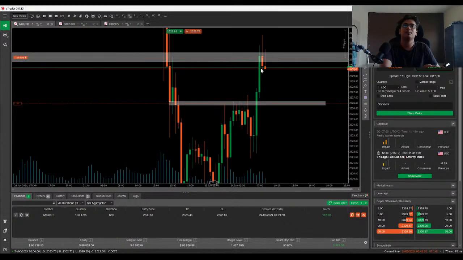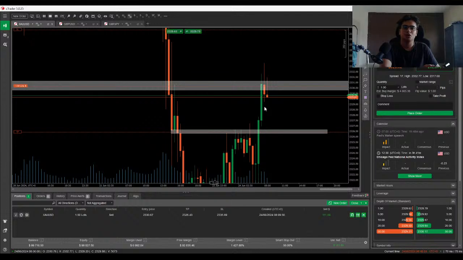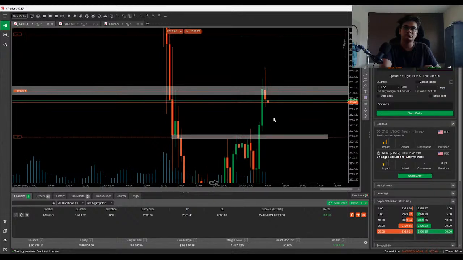Okay, the 30-minute candle flipped bearish. Here we go. So in 11 minutes, I'm expecting a move till here at least before closing my trade.